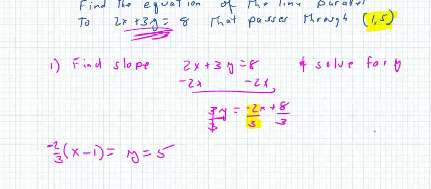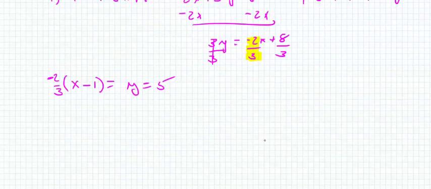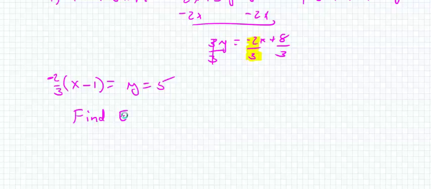That's it. Now, find the equation. And I'm not going to do it because we've been doing this now for 2 days. All you have to do, distribute, kill the fraction, and put in standard form.